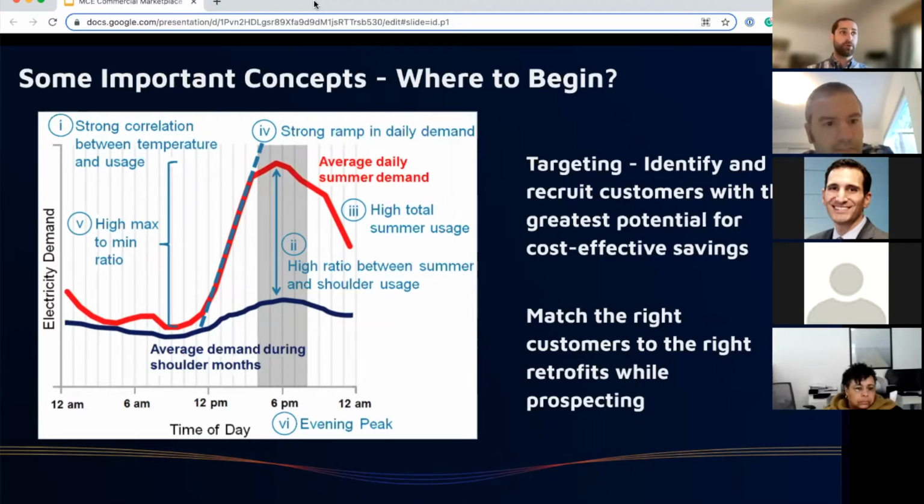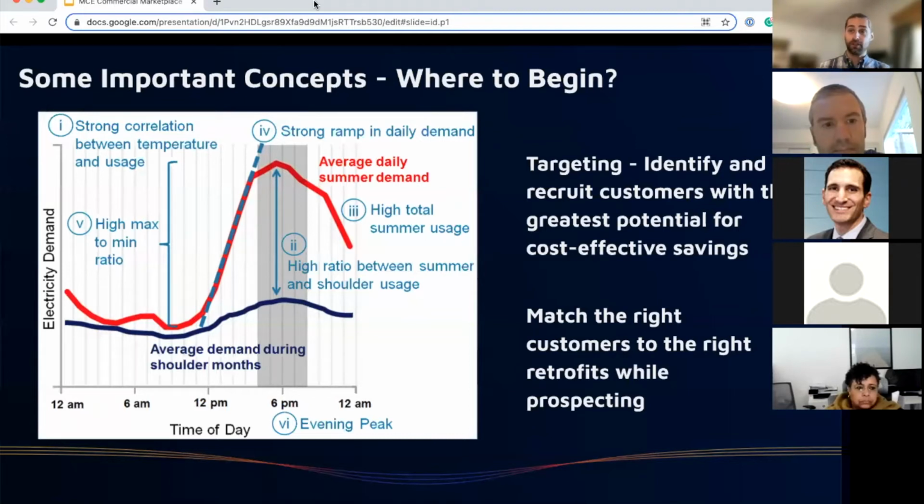So for example, we will look at the peak demand or the ramp towards the evening, which would identify customers that, if you're looking to save during peak times in the summer, we can look for customers with those characteristics. Or if you're interested in heating retrofits or AC retrofits, we can identify load shape characteristics that will then pick out the customers, based on how they use energy, with the highest propensity to save for your business model.